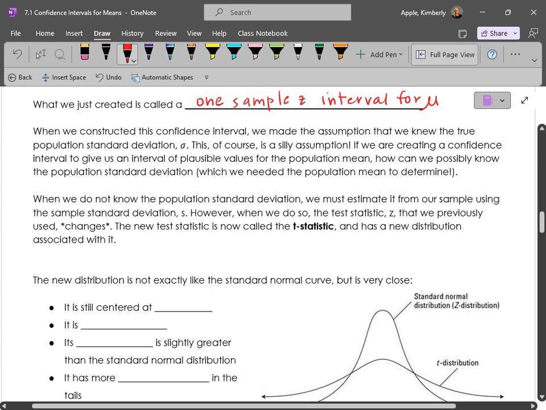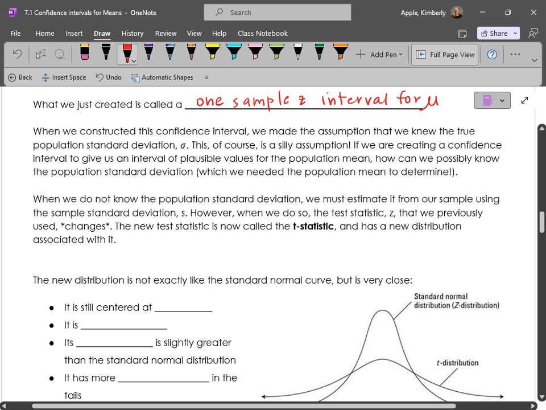But we know that a sample has so much more variability than repeated samples over and over again. So we have to account for the fact that we are making a rough estimate. And so in order to do that, when we make that substitution with the sample standard deviation instead of the population, we have to adopt a new test statistic. Z is no longer valid. We have to use now the t statistic. It has a new distribution that is associated with it. It is not normal except in one specific case. And we'll talk about that for the next few minutes.